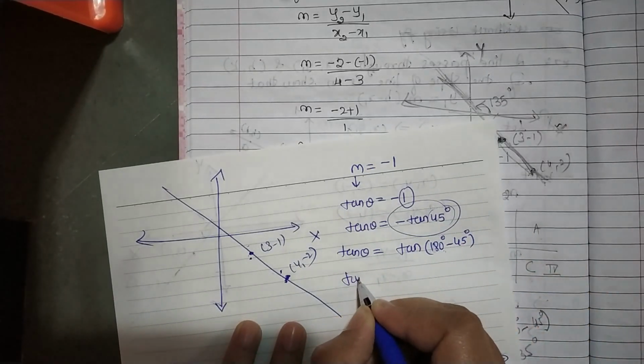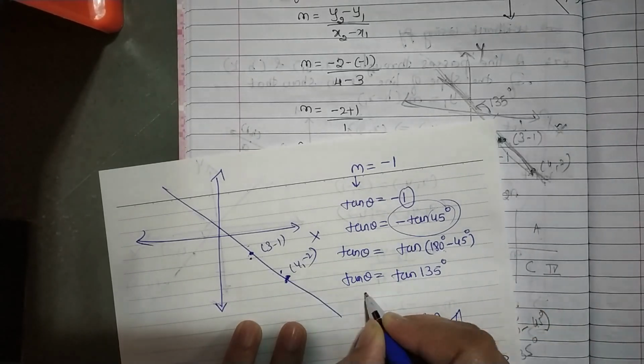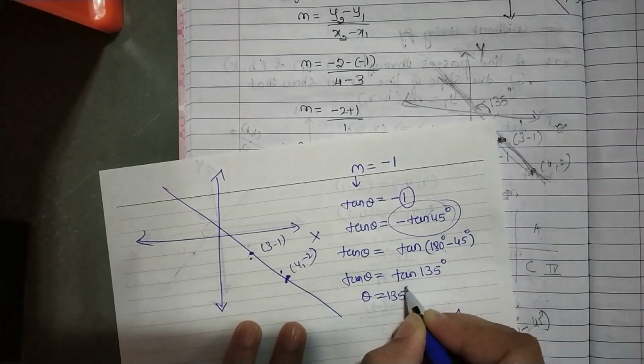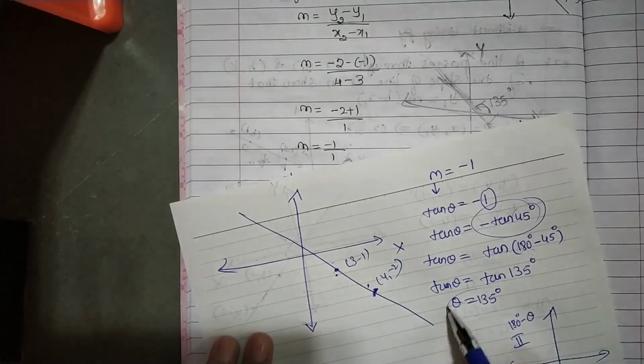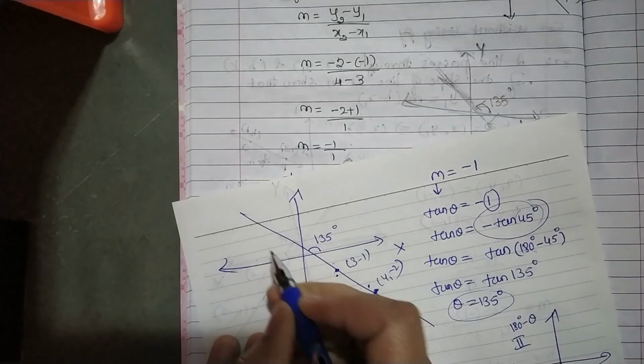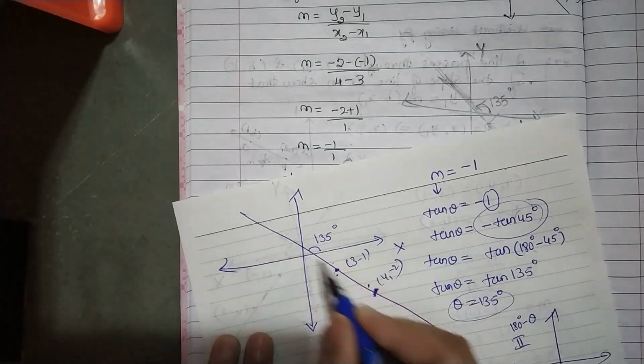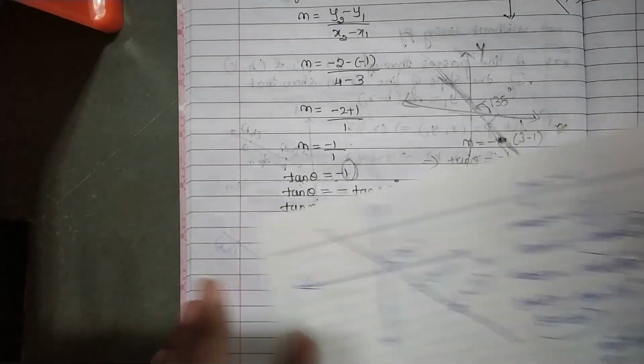So tan theta is equal to tan of 135 degree. On equating, we get theta is equal to 135 degree, which is obtuse. The angle is 135 degree, which is the angle between the x-axis and the line joining the 2 points.